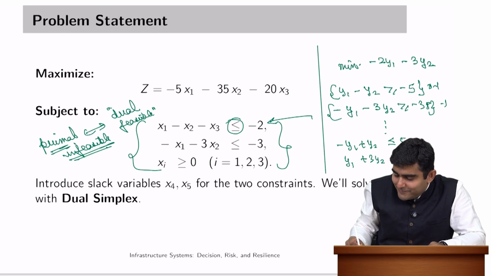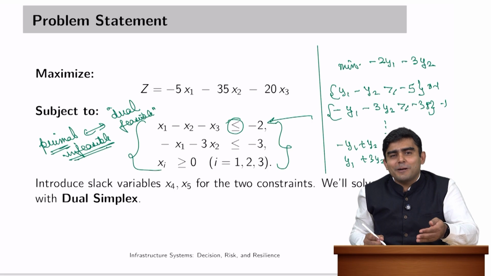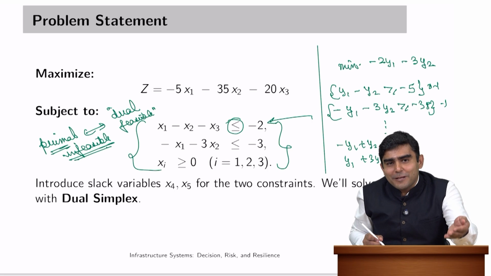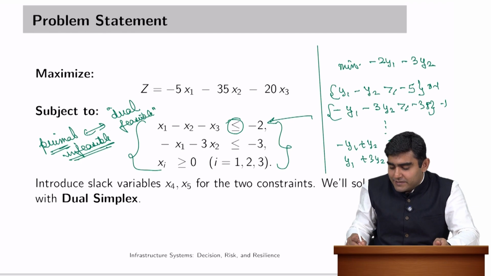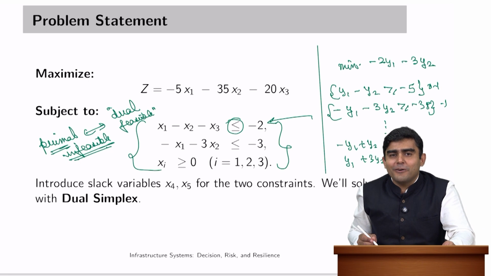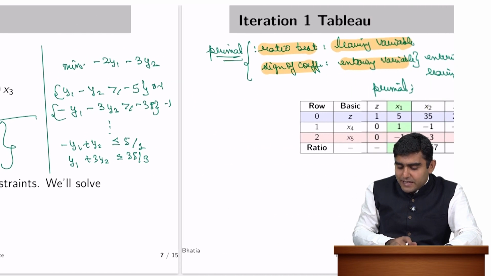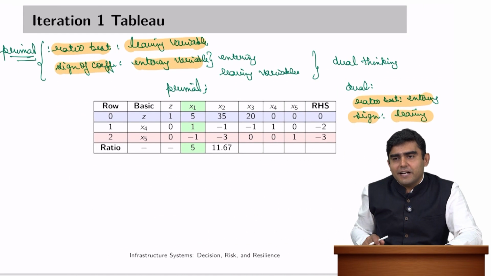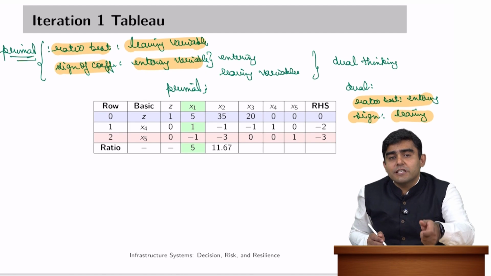Now, this again becomes very similar to our primal simplex tableau, and we decide the leaving variable by 5 divided by 1 or 35 divided by 3 and so on, and whichever is the lower value gives us the leaving variable, or the entering variable in that case. So, we apply the same rationale without changing the tableau.